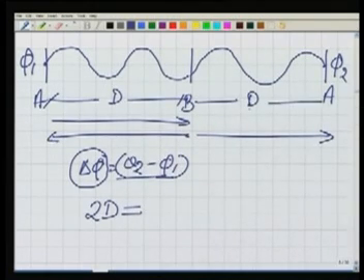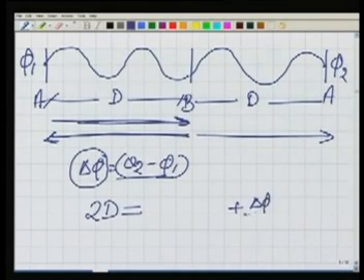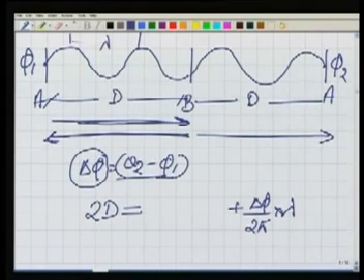Of course, because the wave is going to the reflector, getting reflected back, so the wave travels a total distance of 2d. So, this 2d will be equal to delta phi divided by 2 pi into lambda. Lambda is the wavelength which we are making use of.